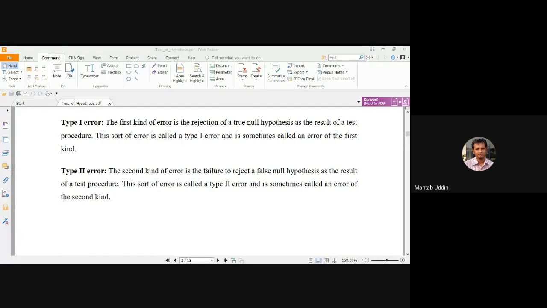Maybe the pandemic or some other situation caused the selection not to happen. Definitely he was a very good candidate, but due to the system error, we cannot accept him, right? So we have rejected a true null hypothesis. Then we could not take a good lecturer, so what happened? The number of good teachers among us decreased, didn't it? Yes, sir. So this is the type 1 error.